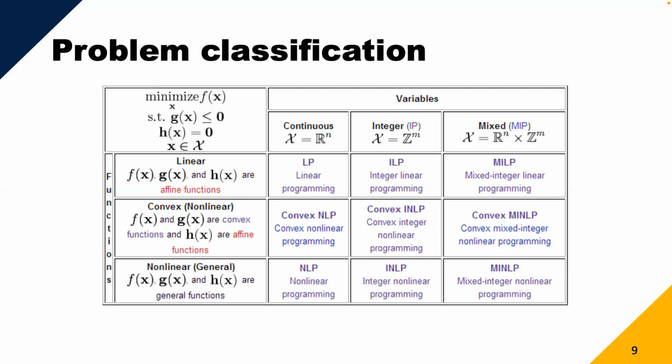That wouldn't be able to be defined in this continuous way. And so now you have these binary variables, which are just a subset of integer variables. Complexity increases as you go from top to bottom and from left to right.